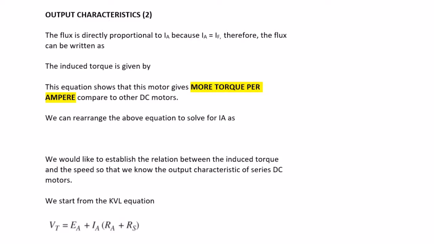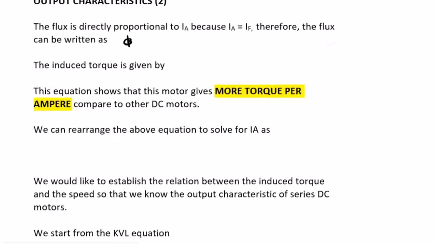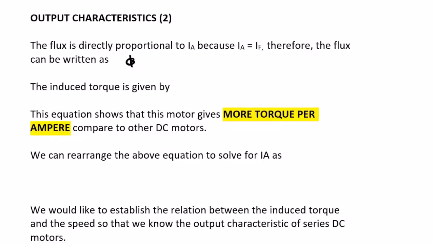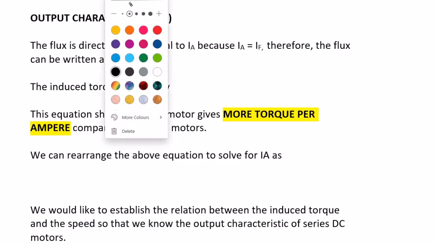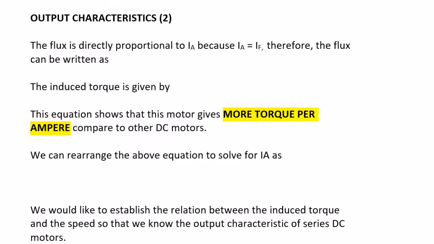The flux is directly proportional to IA because IA equals IF, and therefore the flux can be written as flux equal to C times IA.